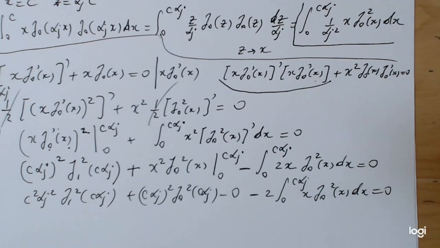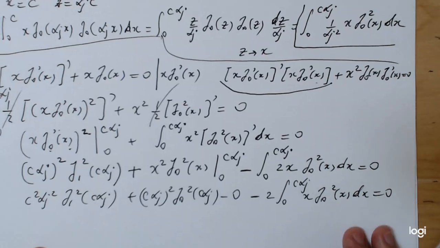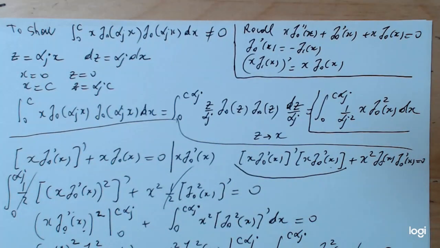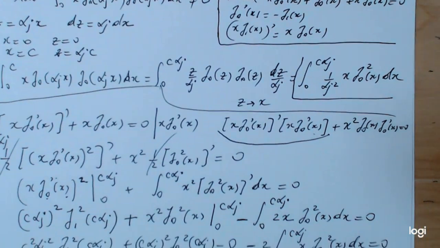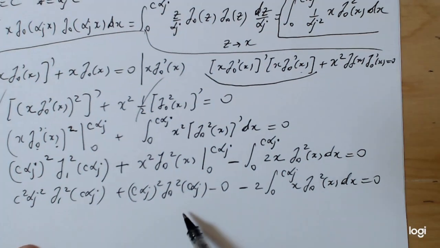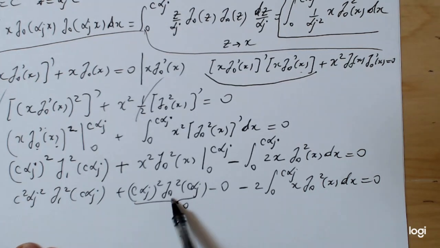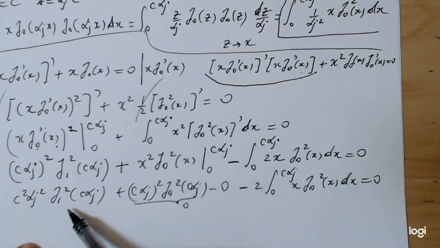All right. Remember, never forget where alpha j comes from. Alpha j is nothing but the root of J naught of alpha c equals 0. So remember, this is equal to 0 because alpha j is simply the root of that equation. This is not equal to 0, by the way.